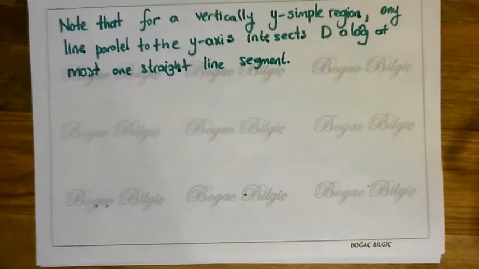If all vertical arrows lie in the region of integration D, then D is called a y simple region. This is a y simple region.